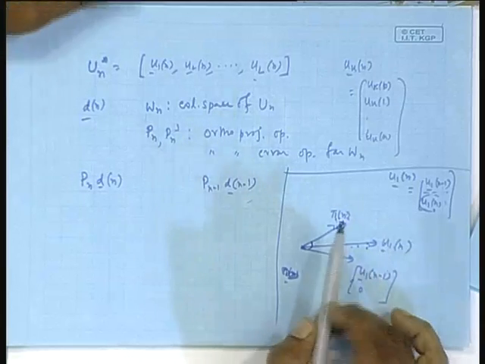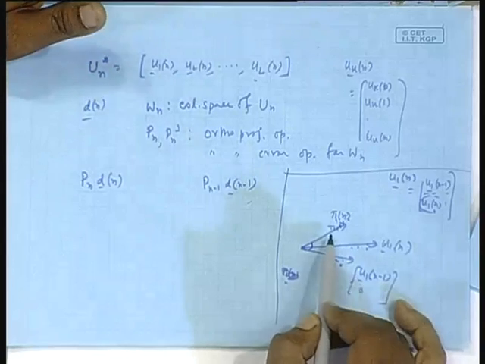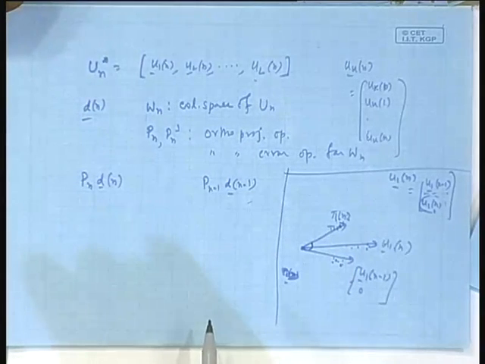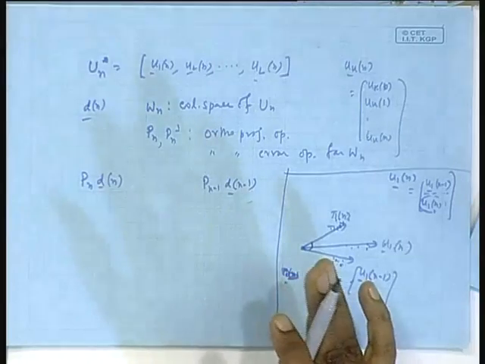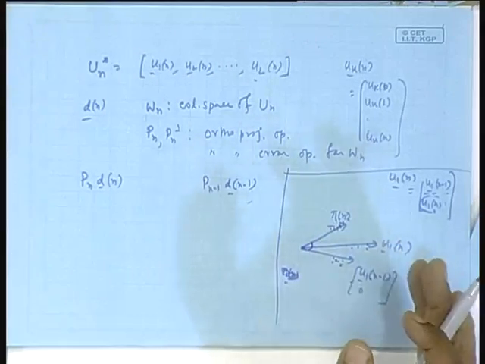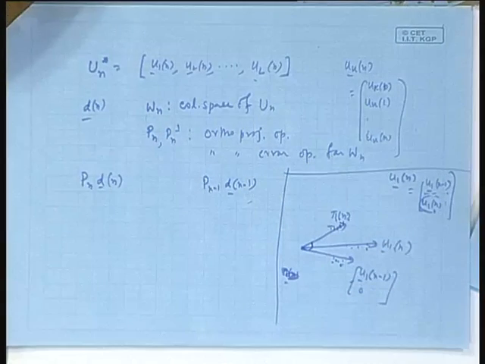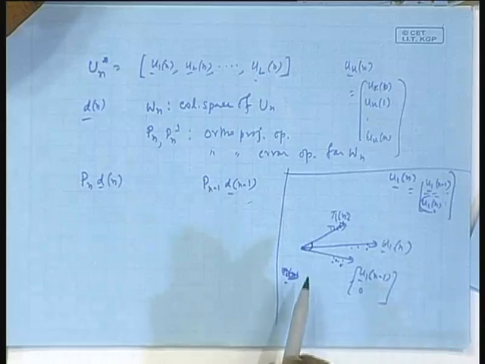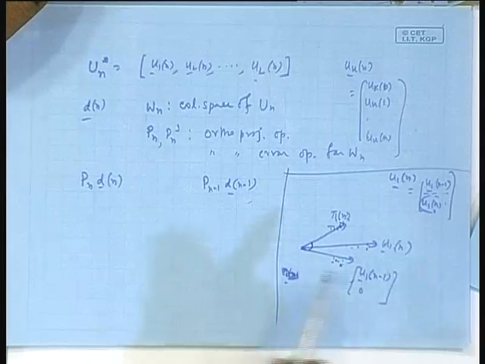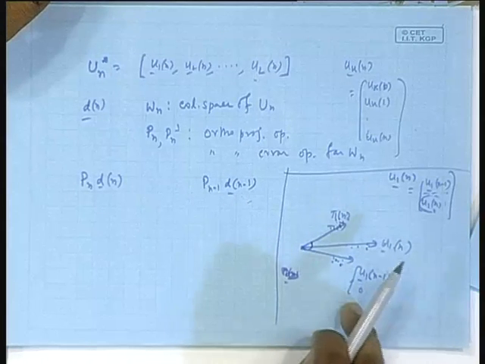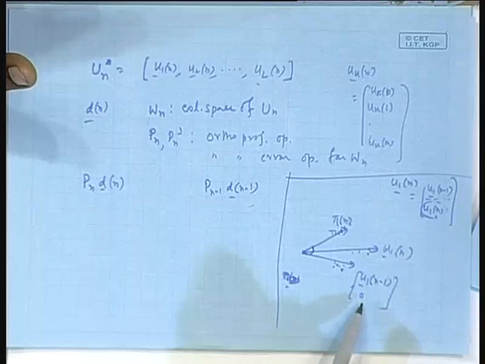But when you project that external vector on the space spanned by pi n and this, it will be the summation of the projection here and here. Now, what is the projection of any vector on pi n? Only the last component, because the other entries are multiplied by 0 and the last component is multiplied by 1. Similarly, that external vector d n projected on this will be the inner product between d n and this, forgetting the last entry.